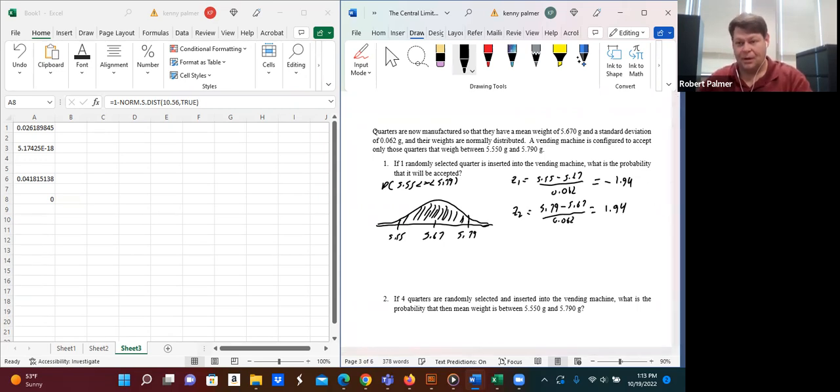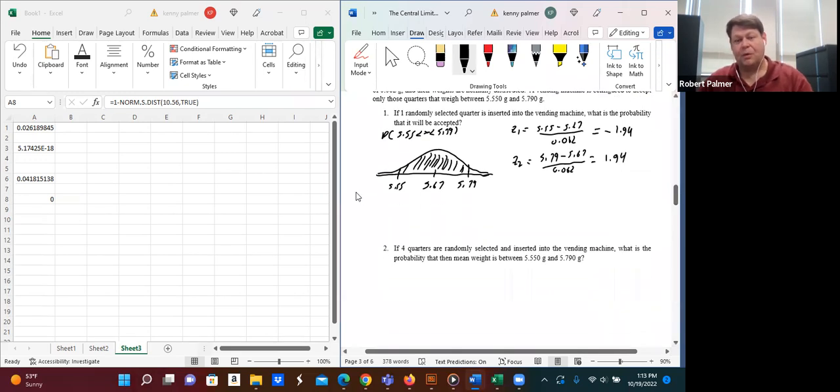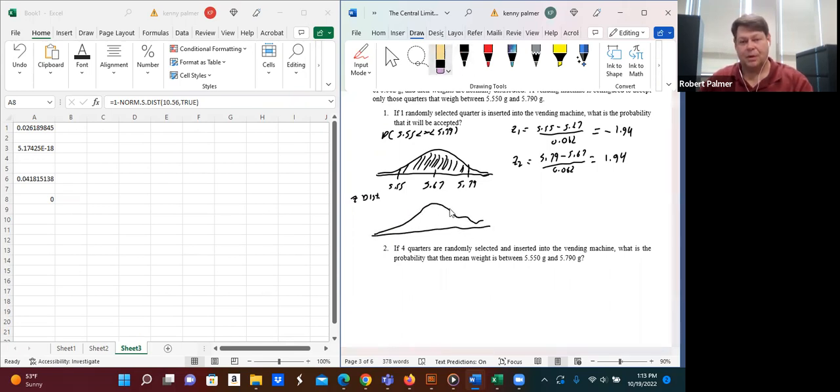Okay, so now let's go to my z distribution. It should look exactly the same, and we also know this is a normal distribution. Here's 0, and here are 1.94 and negative 1.94. So we're finding the area between those two values.